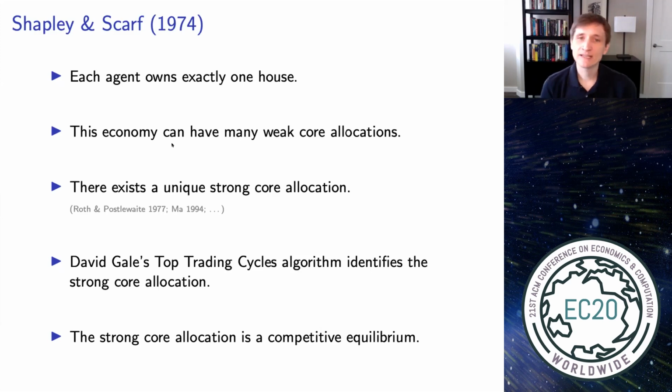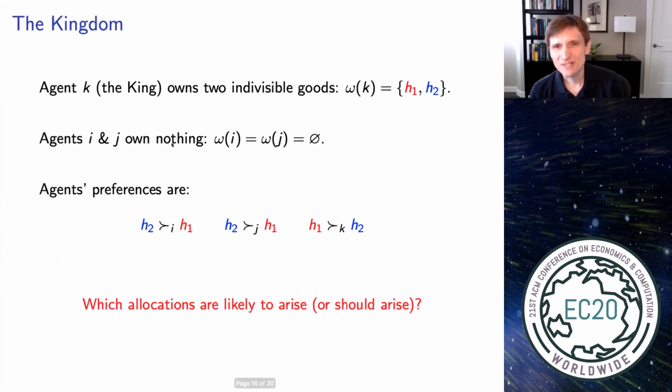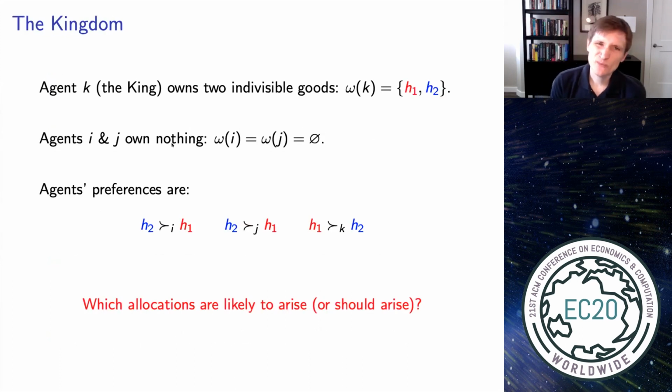It also has some very nice connections to competitive equilibrium. So in this economy, the strong core solution is definitely the right kind of outcome that you would expect to arise. But it's quite easy to construct economies where neither solution really gives you the intuitive outcome that you would expect.